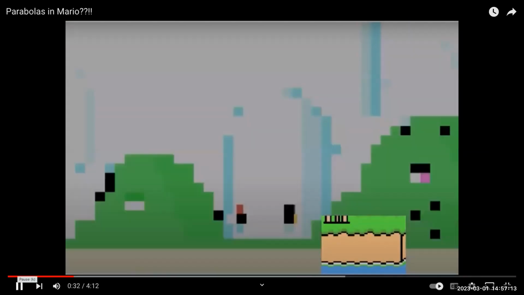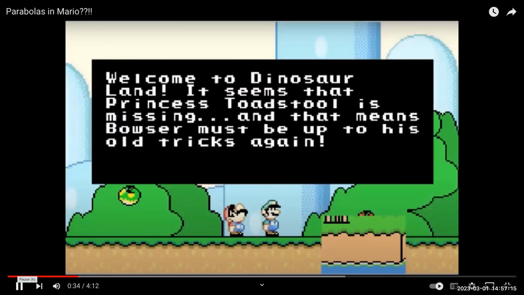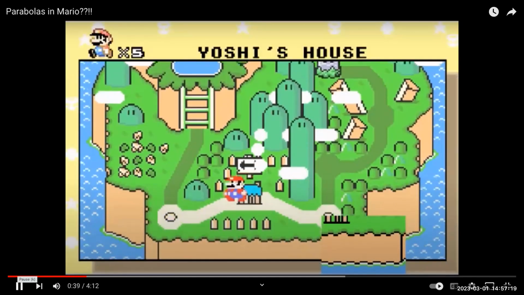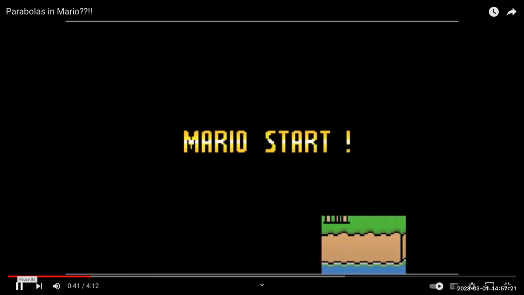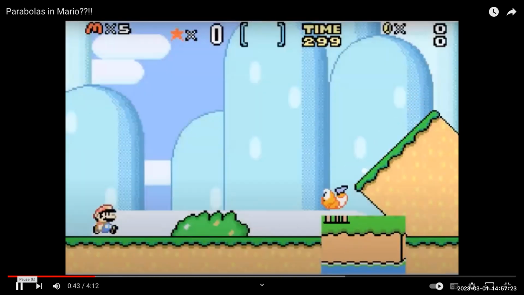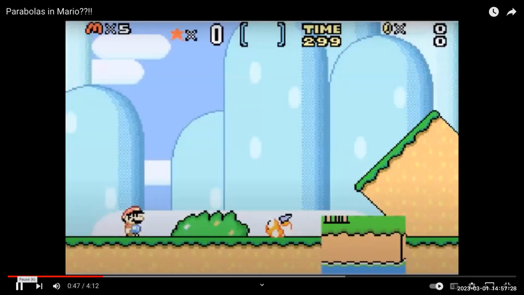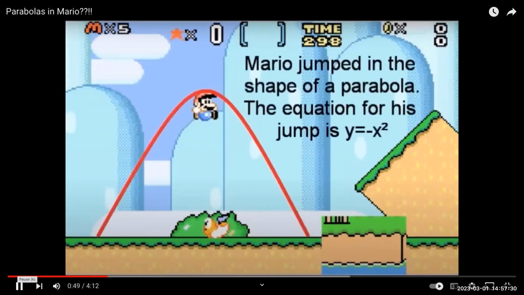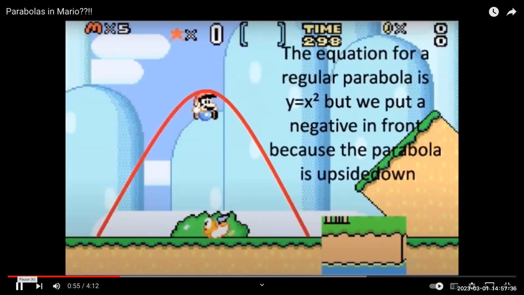Let's take a look at the Mario game. Just see what's going to happen. Who's played this game before? You can see that parabola? That's right. So when you're coding the game, you have to do it so that it mimics the motion in real life, right?